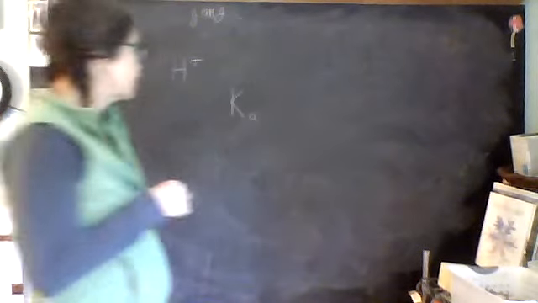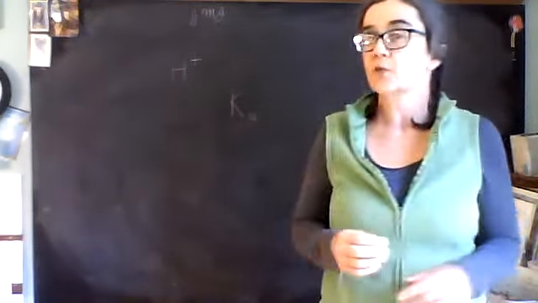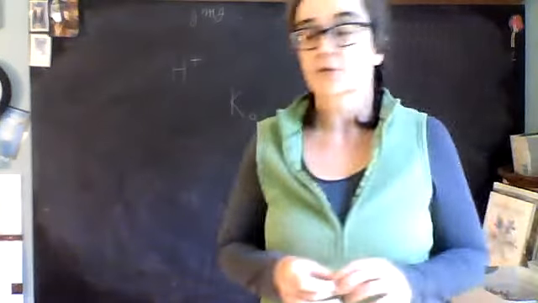If it's very large, then we have a what? The stronger the acid. The larger the ionization constant, the stronger the acid. So that's a general statement, but that's as good as we need for our high school chemistry course.